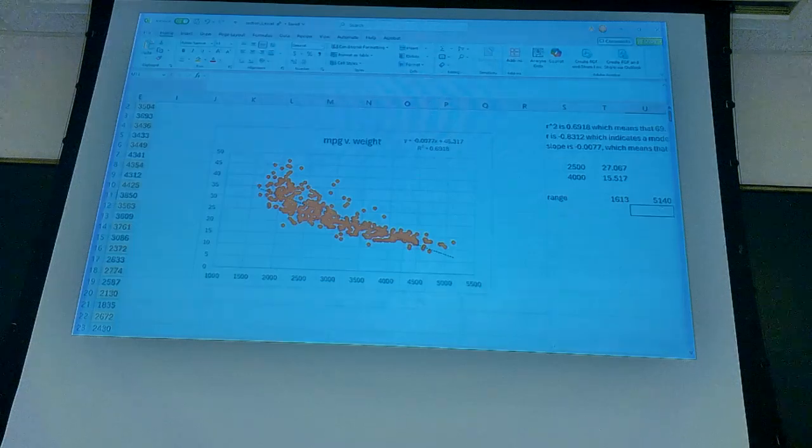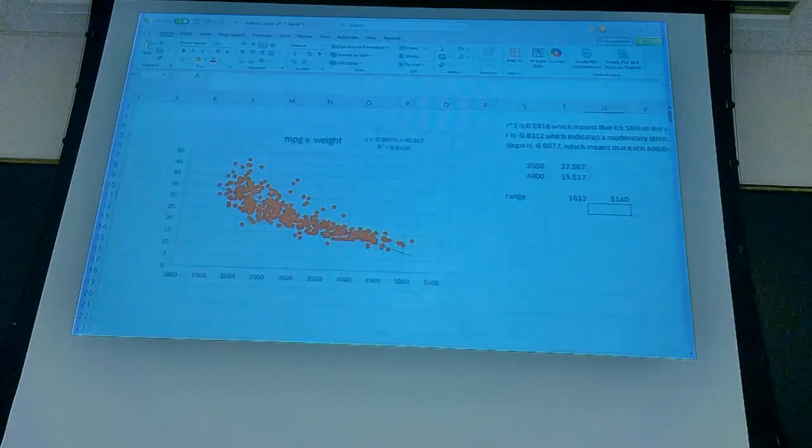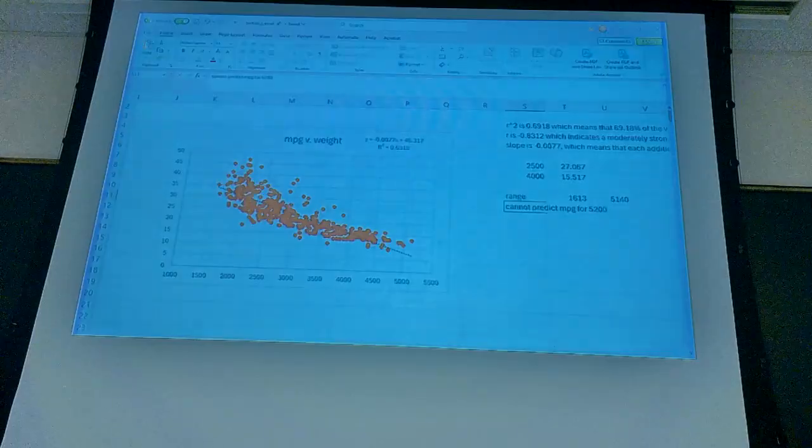There's the range, right? Could we predict 5,200 pounds? And it would be extrapolation. So it would not really be meaningful.